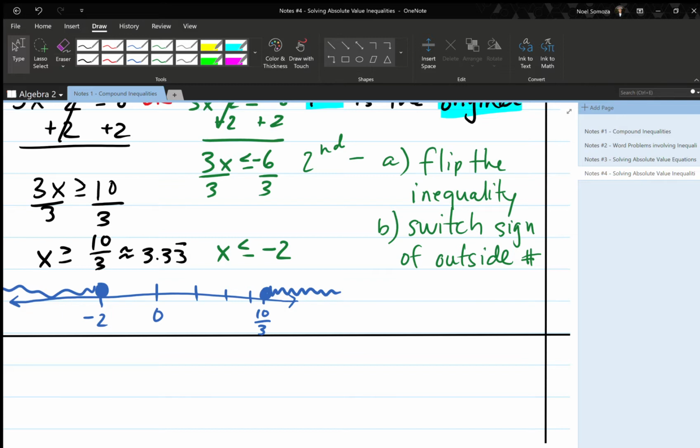And then is this a bracket or parentheses? What kind of holes did we use? That's a hole, right? That's not a hole. That's a solid, right? So then it should be a bracket. And then over here, what kind of symbol? What did we start with? It's less than or equal to, there you go. So then that changes this to a solid as well. Good.